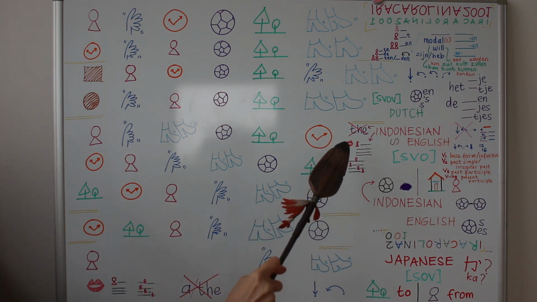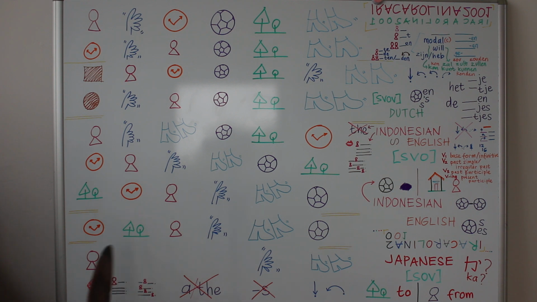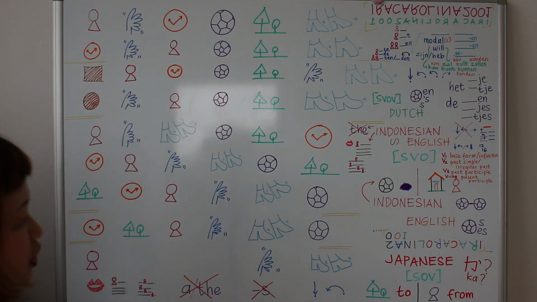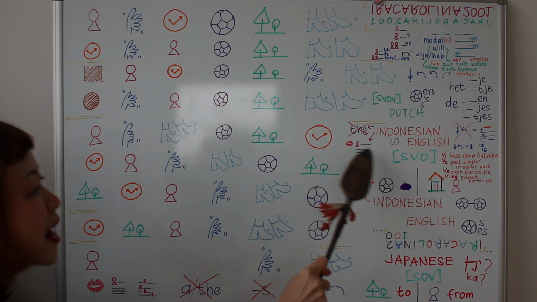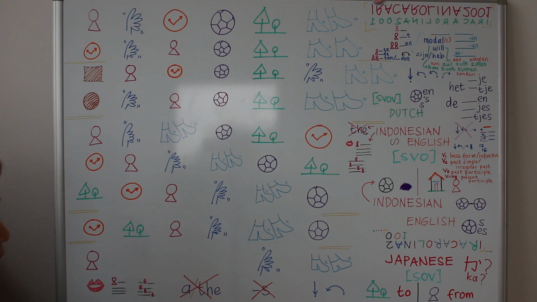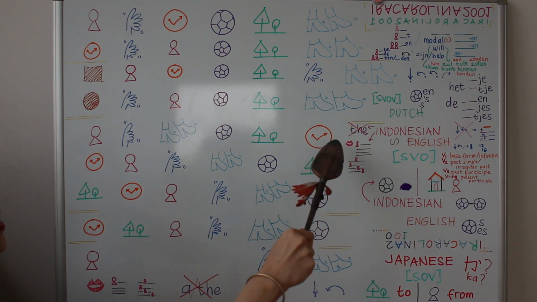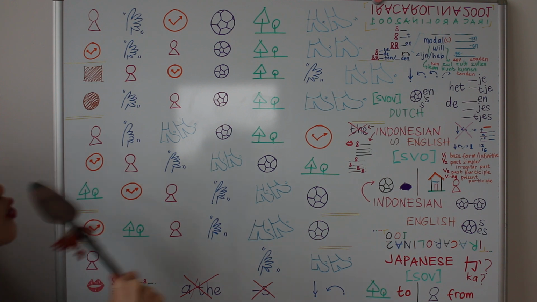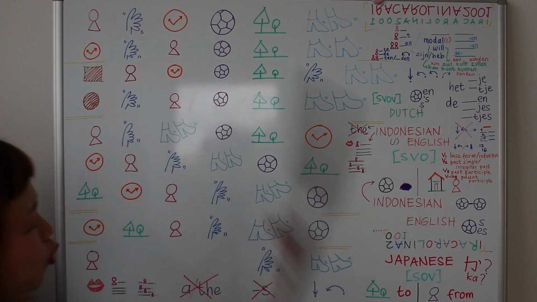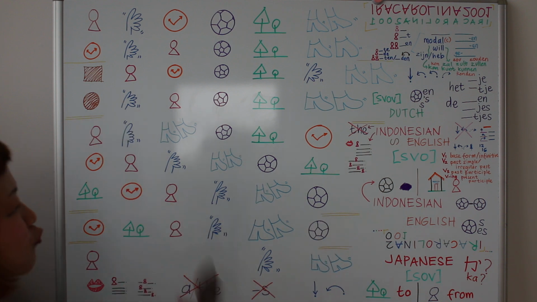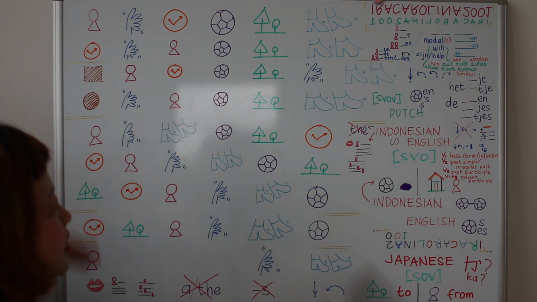Similarities in Indonesian and also in Japanese: mostly in daily conversation, we just mention the subject one time, in the beginning, at the first sentence. After that, there's a possibility we don't mention the subject again anymore. Because by mentioning it in the first sentence, it is good enough. Because we already know that we'll talk about those subjects. Why would you have to repeat the subject again and again?